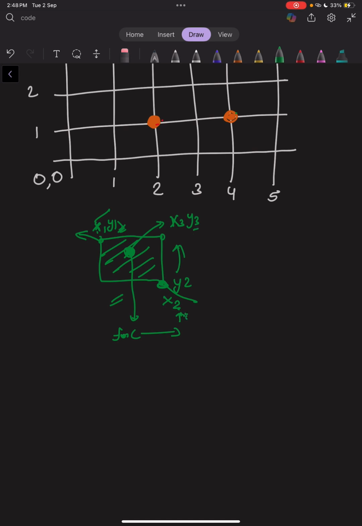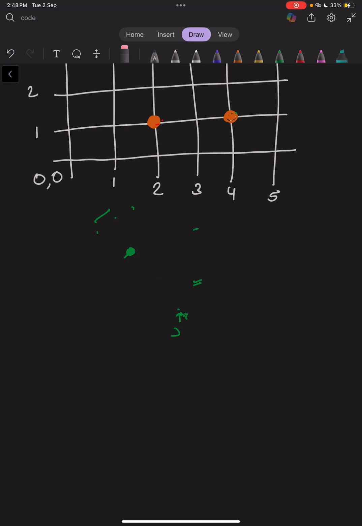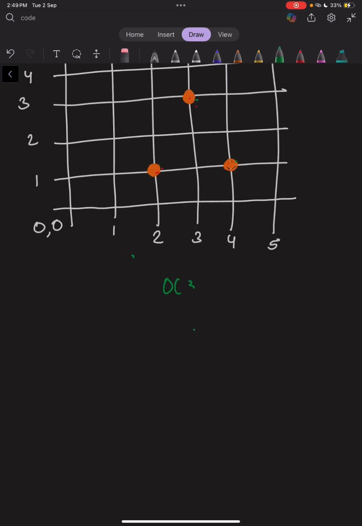Same thing for y3: it should not be lesser than or equal to y1 or greater than or equal to y2. This is the brute force solution, and the total time complexity is n to the power 3, because there will be 3 loops: two loops to compare whether they are forming a rectangle or not, and one to check whether any point is coming under them or not.